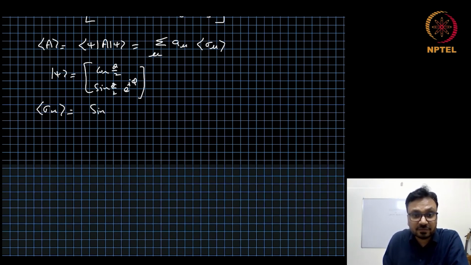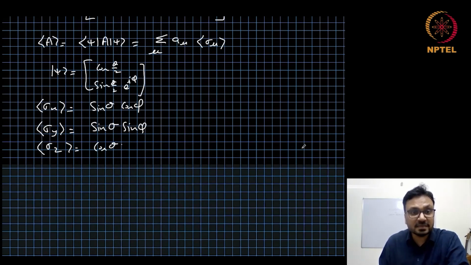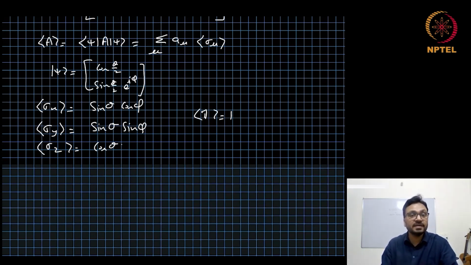It comes out to be sine of theta cos of phi. Sigma y expectation is sine of theta sine of phi, and sigma z expectation is cos of theta. So in that way, for a given state psi, we can calculate the expectation values of sigma x, sigma y, sigma z. Expectation value of identity is 1. And so from these expectation values, we can calculate the expectation value of an arbitrary observable in lab.